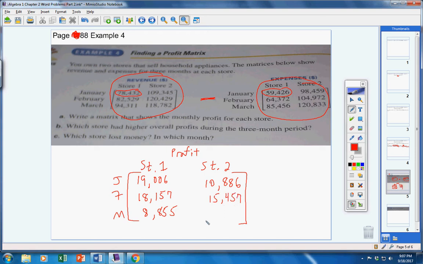And look at this. Here you would get a negative 2,051. So store 2 in the month of March actually lost money. Their revenue was less than their expenses, or you could say their expenses were more than the money that came in. Very simple, not too difficult.